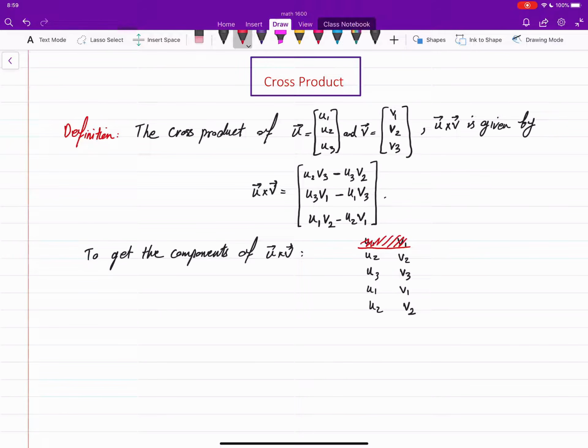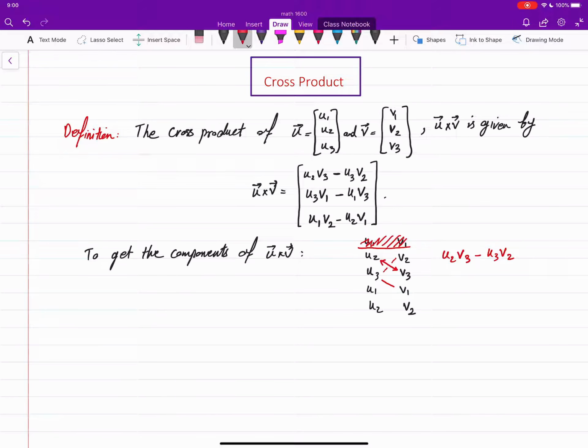Now start from the second one. You multiply these terms crosswise: this is u2 v3, minus the elements multiplied the other way around, v2 u3. That's the first component.